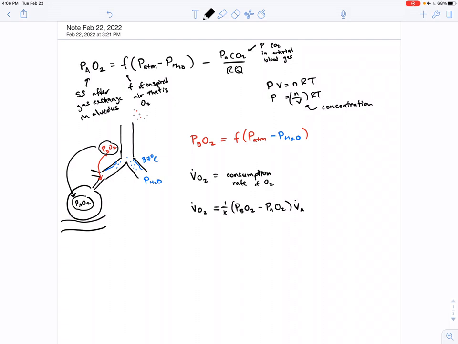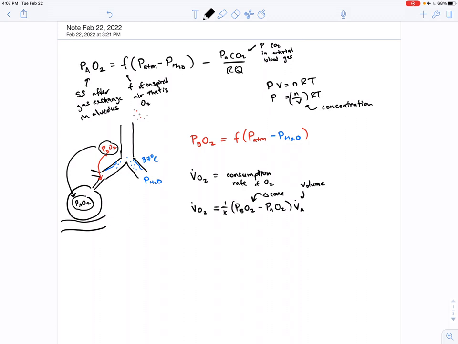This is the delta concentration, and this is how much volume is coming in and out. Multiplying those two terms gives us the total number of oxygens being consumed by this system. Okay, so we have now our expression for V dot O2.